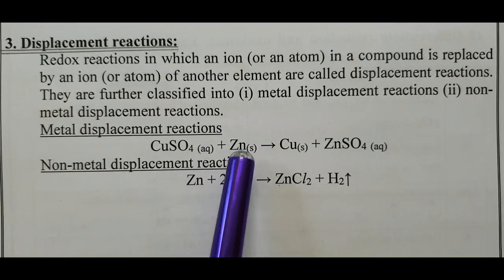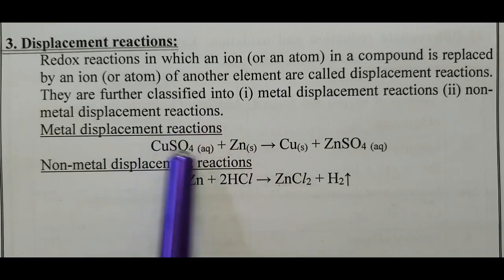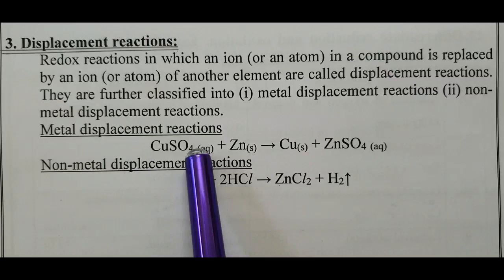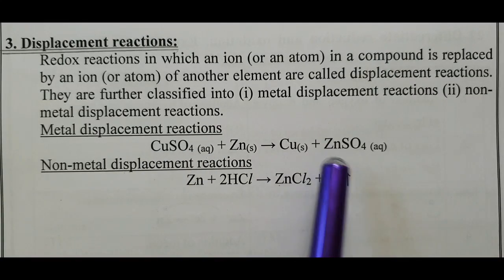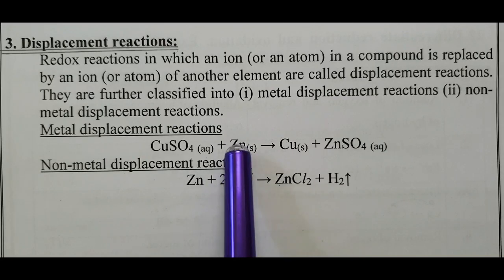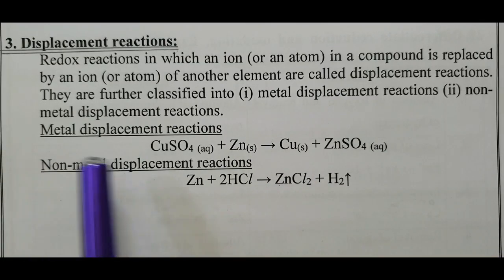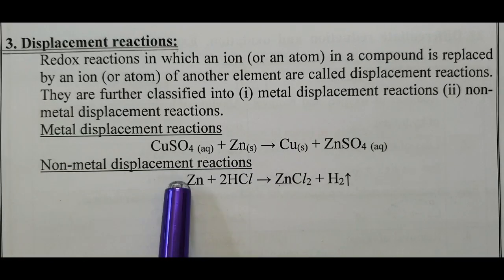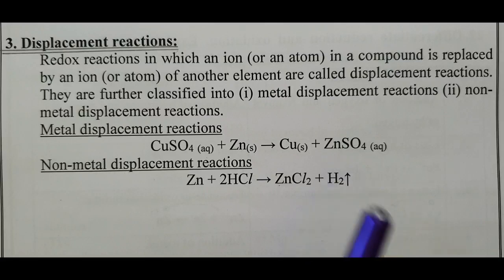Metal displacement: when a zinc rod is placed in copper sulfate solution, zinc displaces copper from the solution. The blue color of copper sulfate changes to colorless, and reddish brown copper is deposited on the surface of zinc. Non-metal displacement: when zinc is placed in hydrochloric acid, zinc displaces the non-metal hydrogen as hydrogen gas and forms zinc chloride.